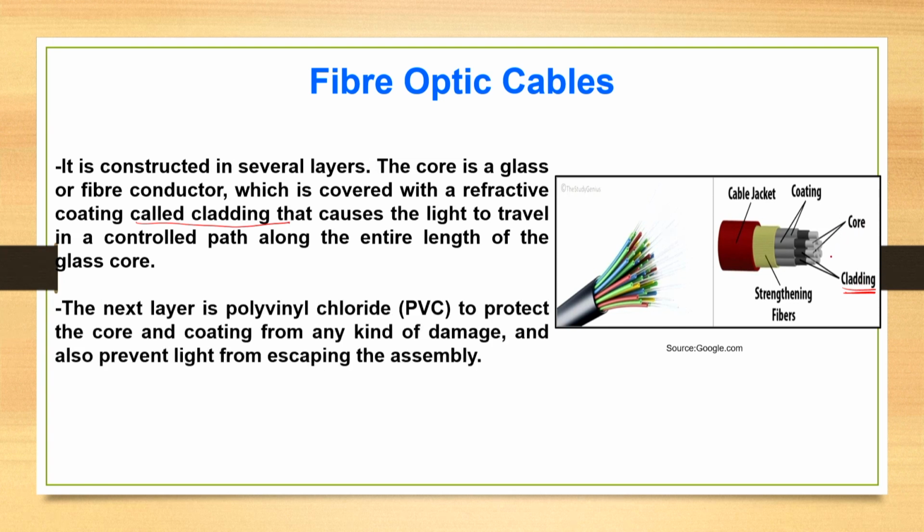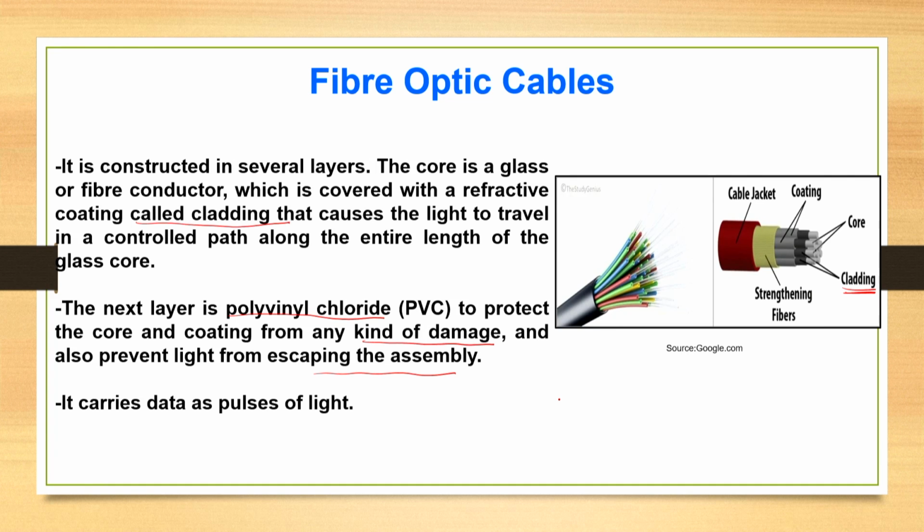The next layer is PVC, that is polyvinyl chloride. Why is it there? It is used to protect the core and coating from any kind of damage and also prevents light from escaping the assembly.